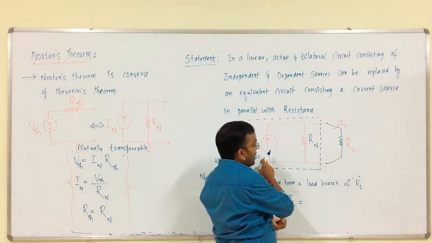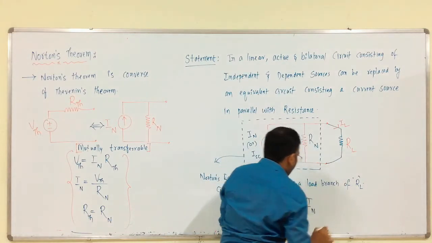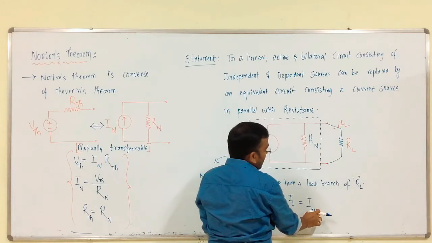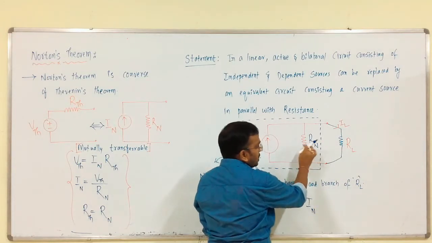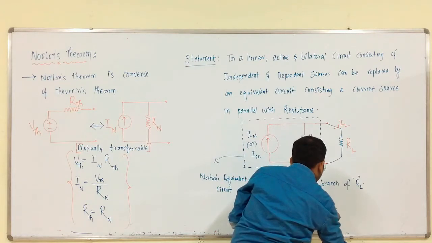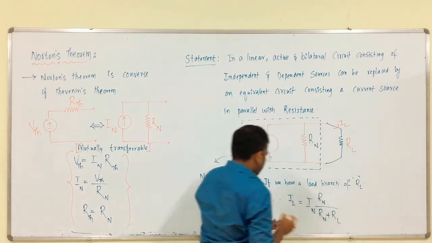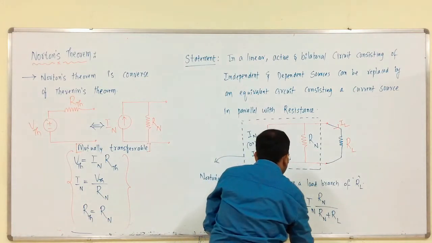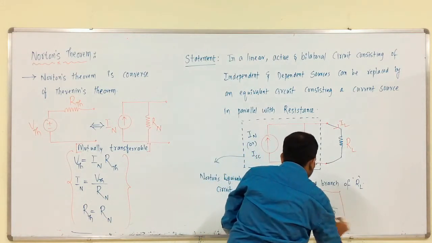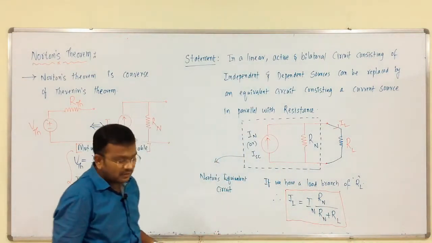This is the total current in the circuit, that is I N. To get the value of this current, total current into opposite branch resistance by total resistance, that is I L equals I N times R N by R N plus R L. This is the value of the current through that particular branch.